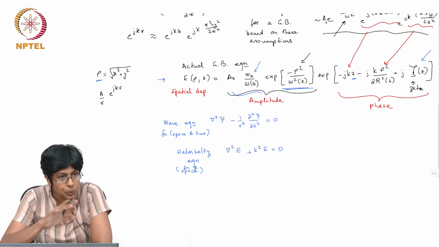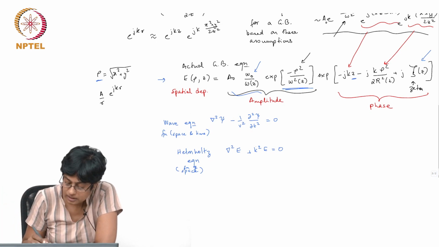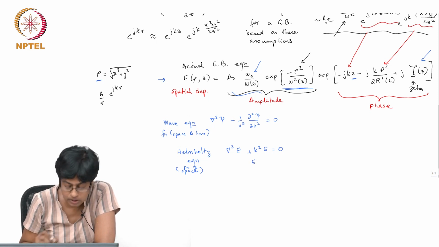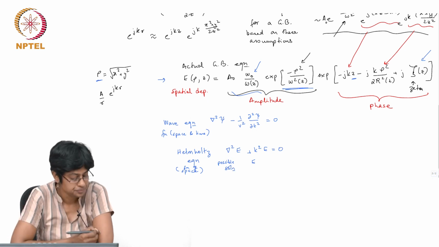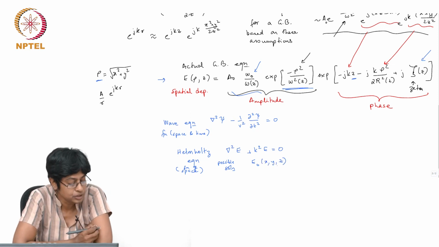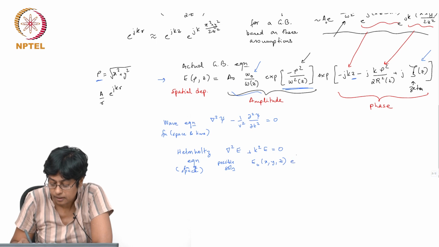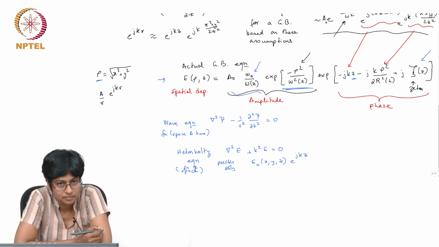Now, if I didn't know anything, if I didn't make any of those assumptions, one possible solution to this is to say I have an amplitude and I have a phase. Okay.